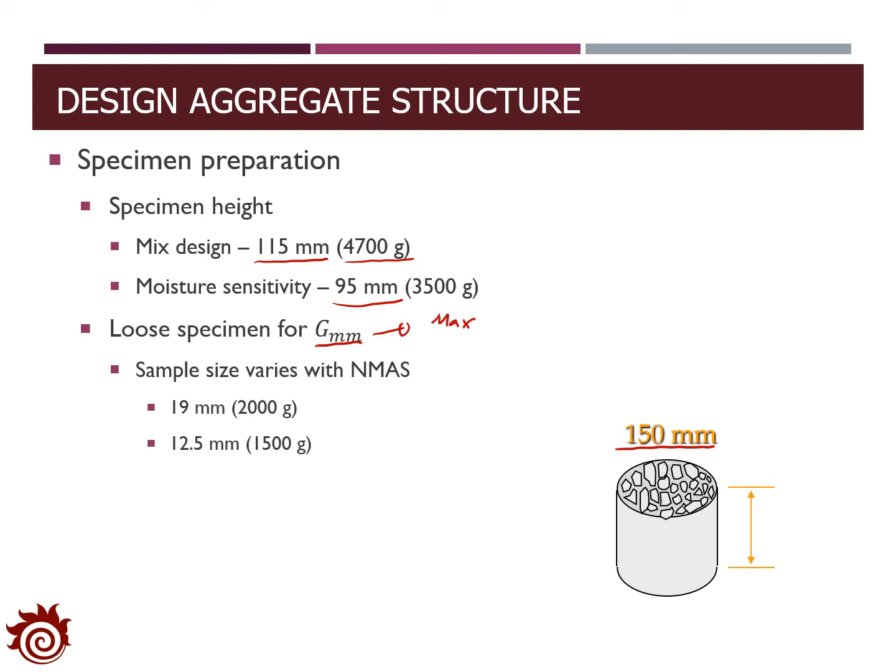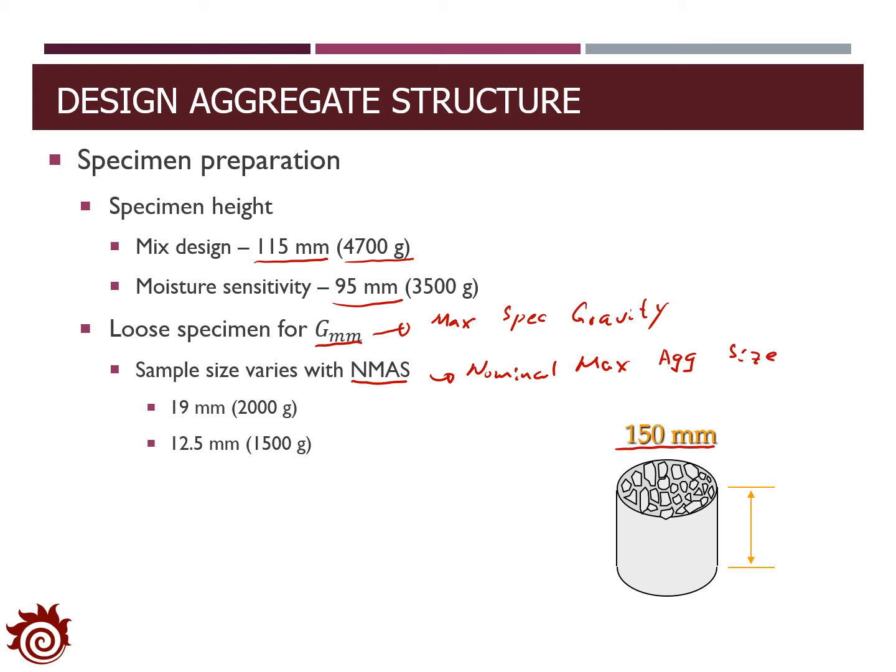In the second step, we also want to understand the GMM for the specimen, which would be the maximum specific gravity. You can see more details about the definition in the third tutorial. Usually the estimation of GMM is conducted with a loose specimen, and the sample size for the estimation of GMM varies with the NMAS, which would be the nominal maximum aggregate size.